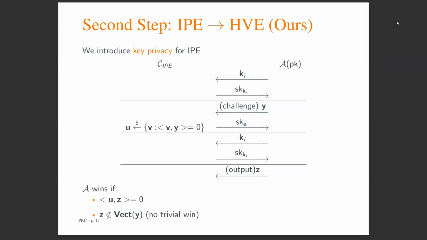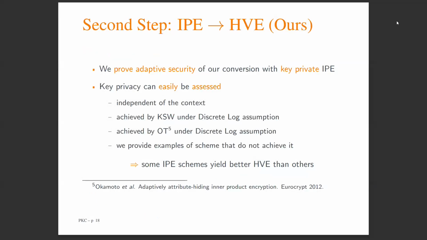So it's a very simple property, which is easy to assess for inner product encryption schemes, but it is actually sufficient to prove adaptive security of our conversion, as we prove in the paper.